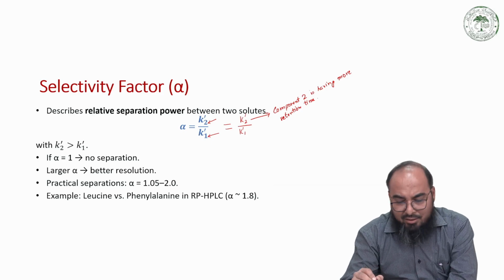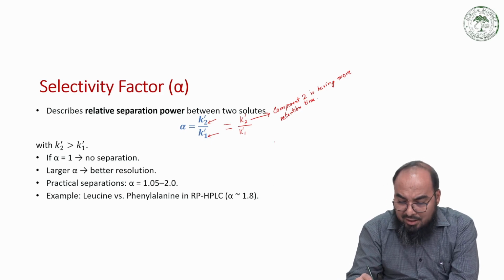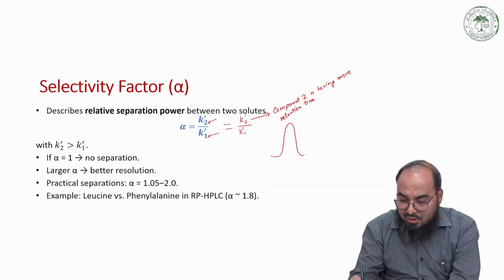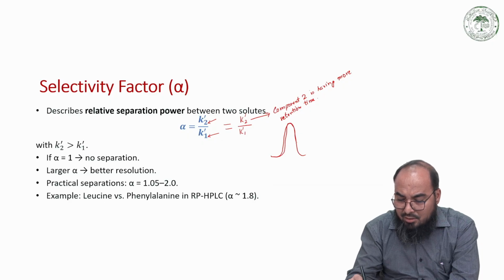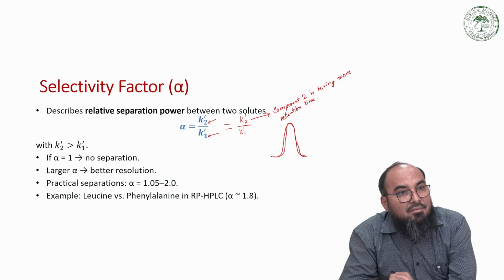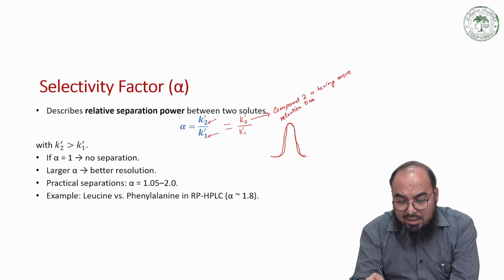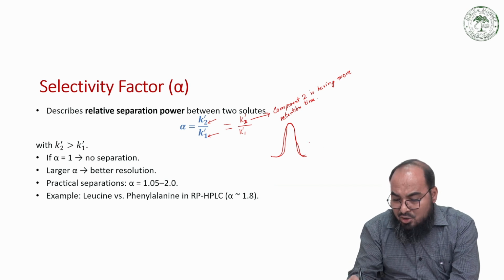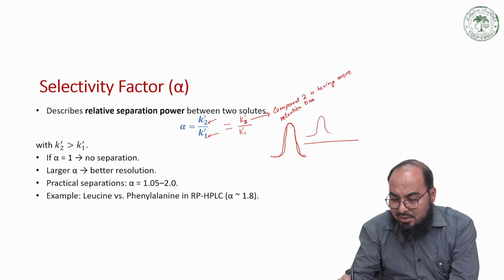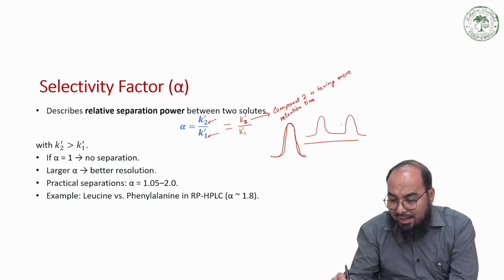And if alpha is equal to 1, then you have no separation. That is, your peaks are overlapping on each other. So always remember, if you have a two-peak system like this, this is component 1 and this is component 2.